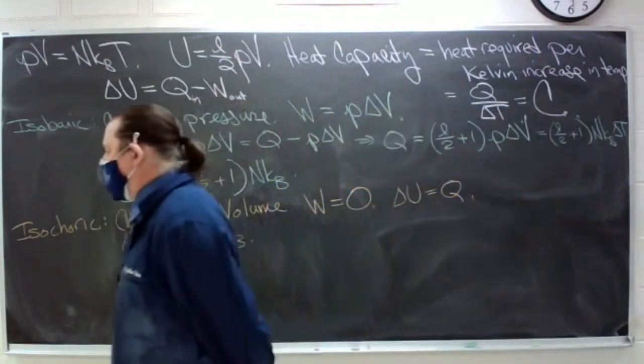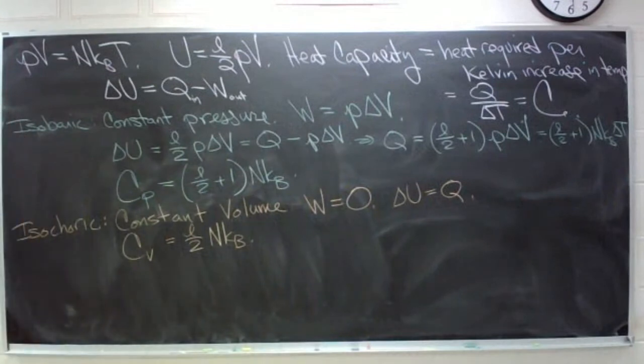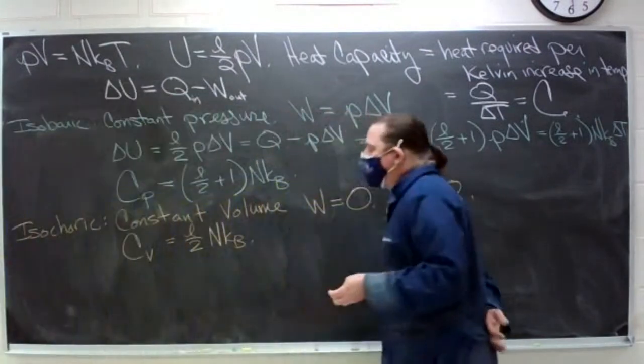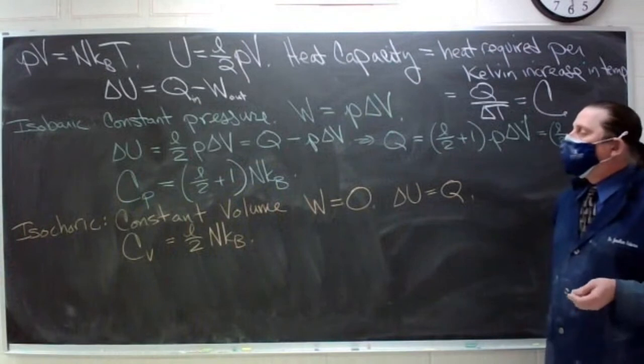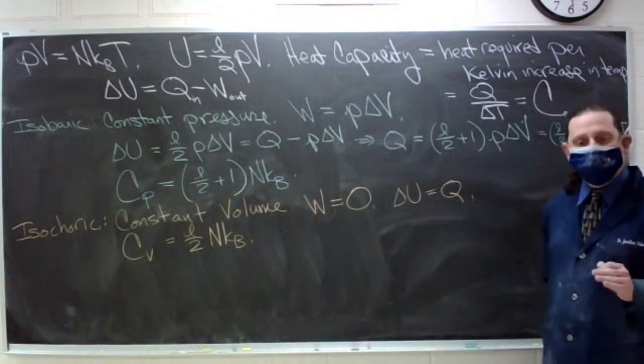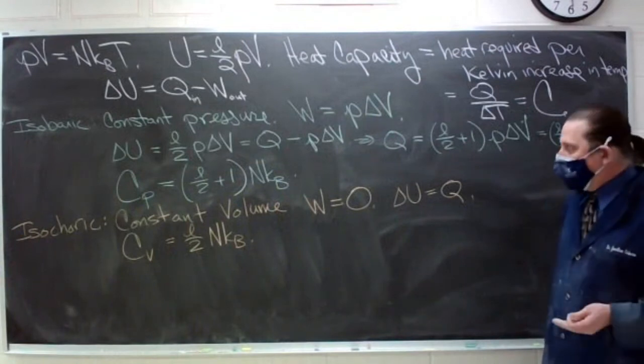So that means the heat capacity at constant volume gives us direct access to the number of degrees of freedom the molecules of an ideal gas have.